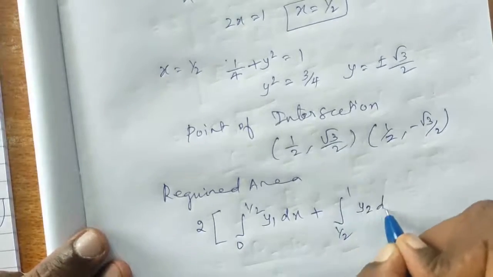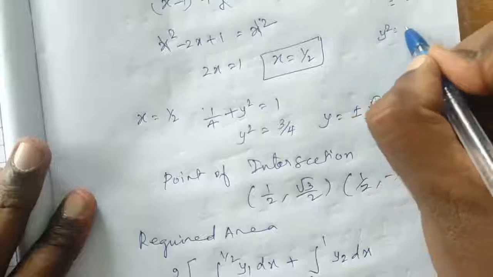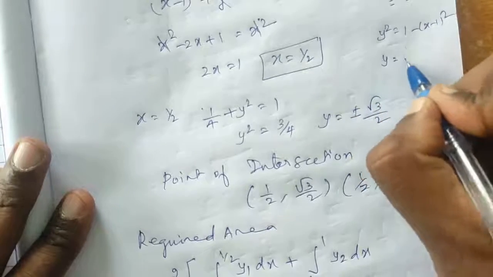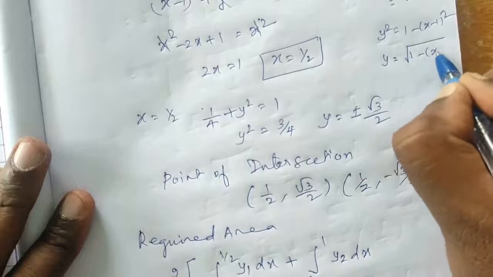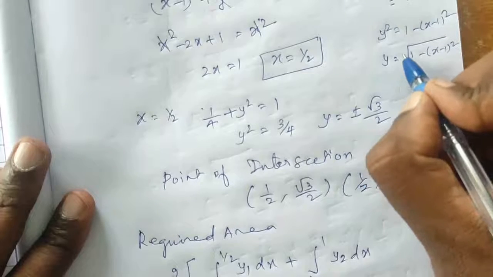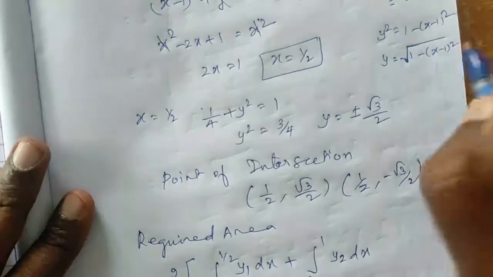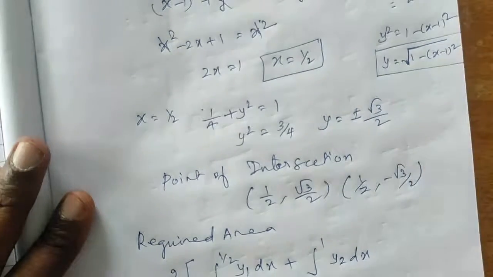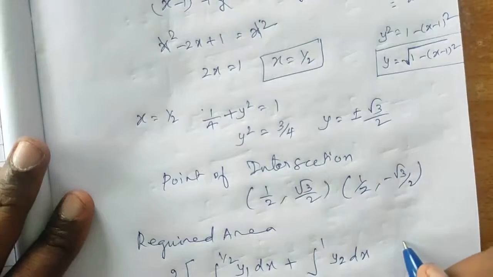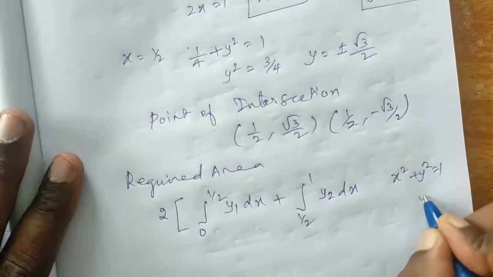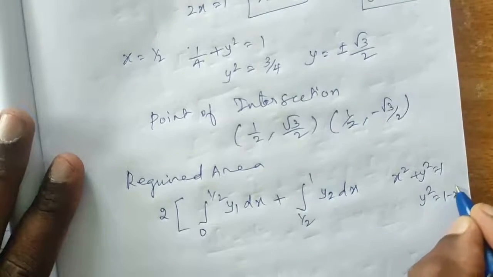So y1 square is equal to 1 minus (x minus 1) whole square. Y is equal to root of 1 minus (x minus 1) whole square. The minus sign is invalid, so therefore we are taking plus. Similarly, x square plus y square is equal to 1, so y square is equal to 1 minus x square.